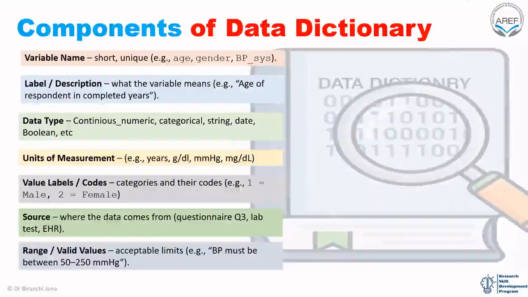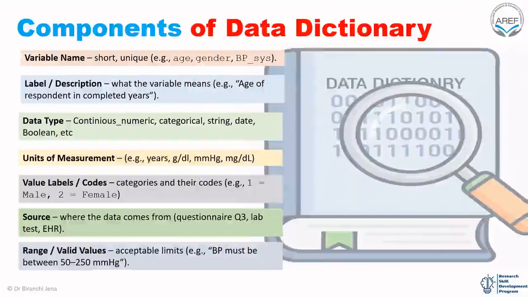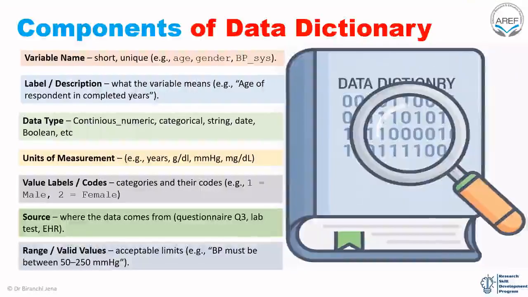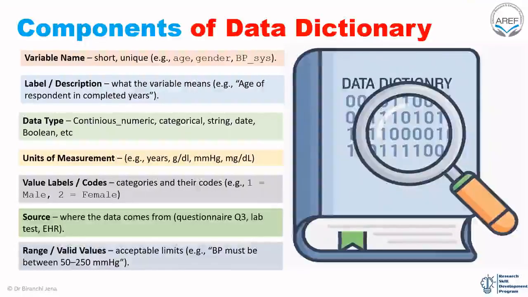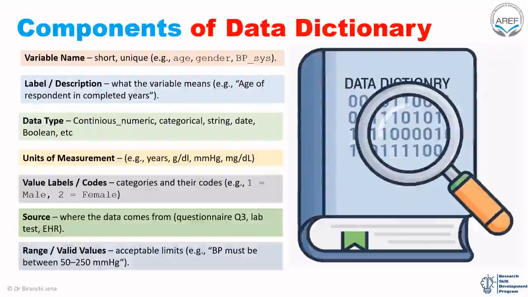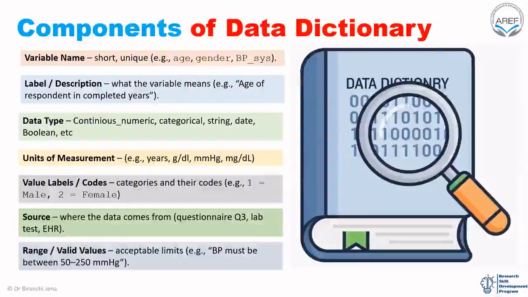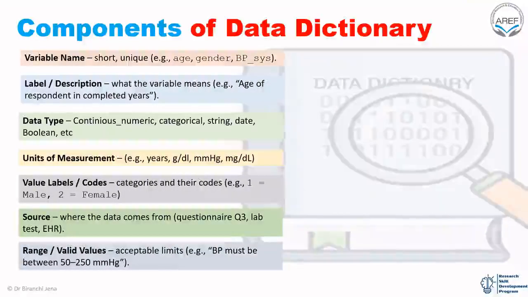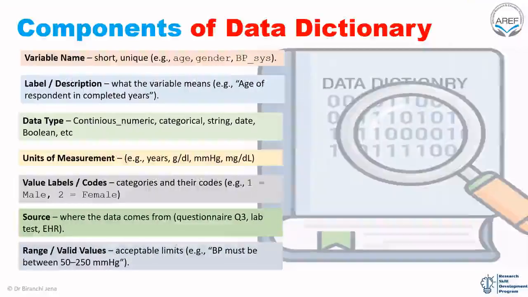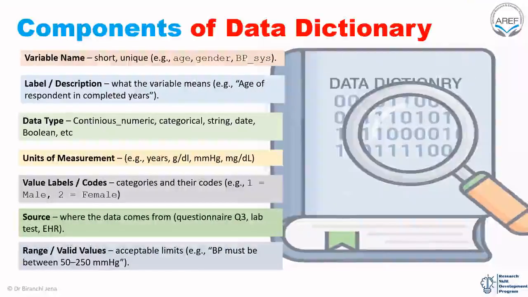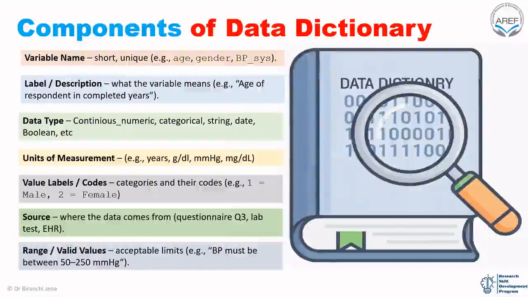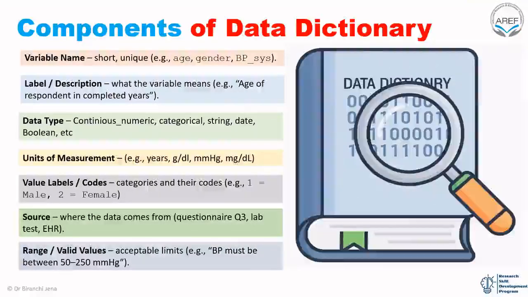And finally, we have to give the range and valid values. Now imagine you have given code for gender as 1 and 2, and somebody in the data has mentioned 4 there. That means if 4 is written, there is something wrong in the data entry format. So before you put your data into analytical form, you have to run a complete quality check.